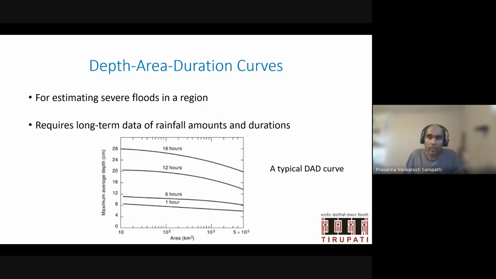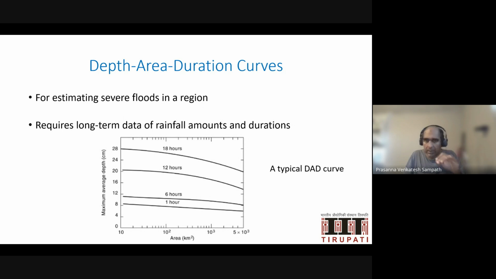Okay, so now the DAD curve: on the x-axis, I have the area over which the rainfall was received, and that, as you can see, is on a log scale. On the y-axis, I have maximum average depth. Now the terminology can be a little bit confusing, but you have to pay attention.